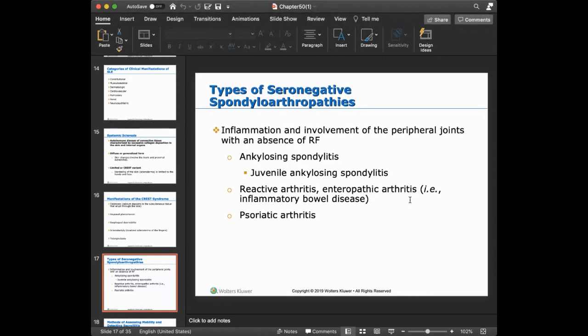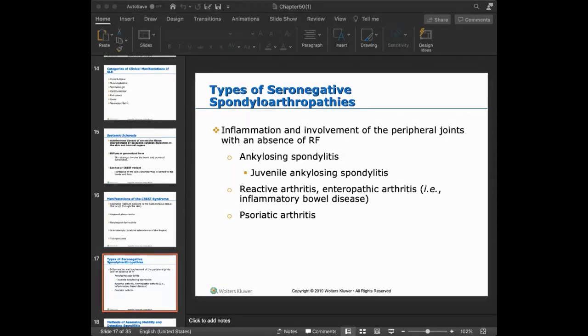What is ankylosing spondylitis? Does anybody know what ankylosing spondylitis is? Ankylosing spondylitis.